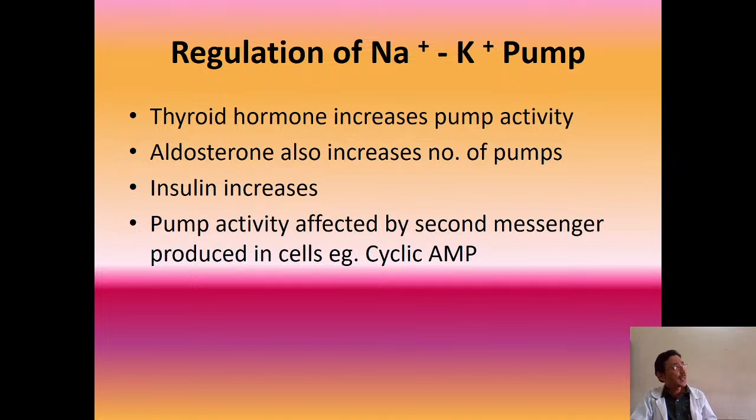Then you have the proton pump or the hydrogen ion pump, which is present within the cell organelles, and it helps in supplying hydrogen ions to the mitochondria, to the lysosomes and to the Golgi apparatus. Basically, today these are some of the examples of primary active transport.